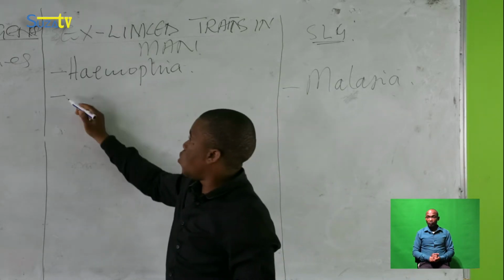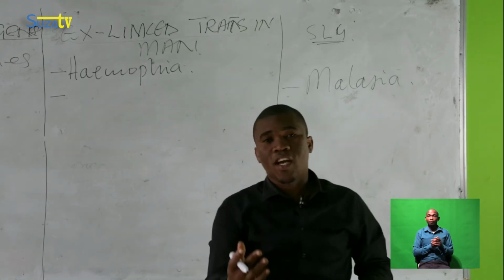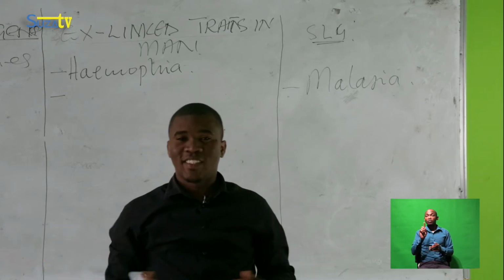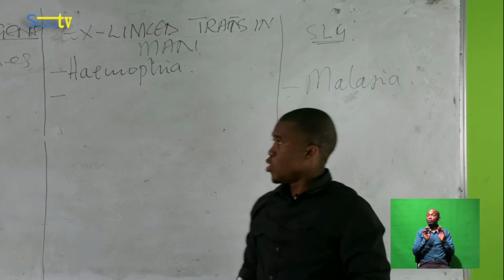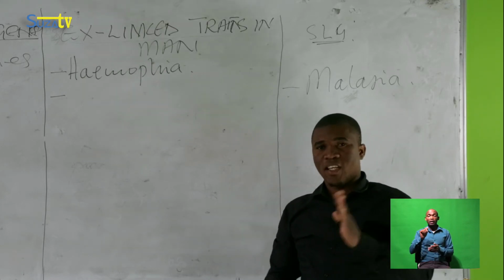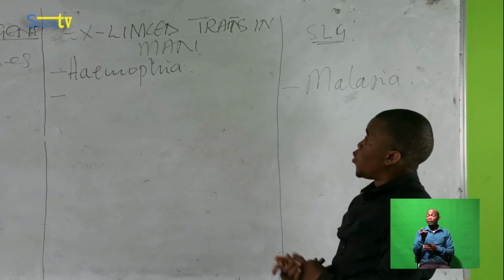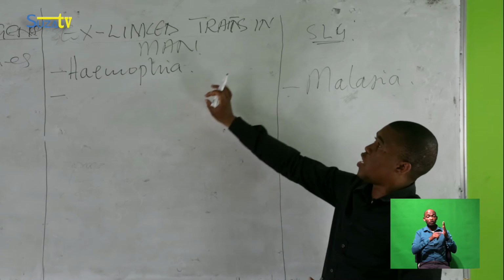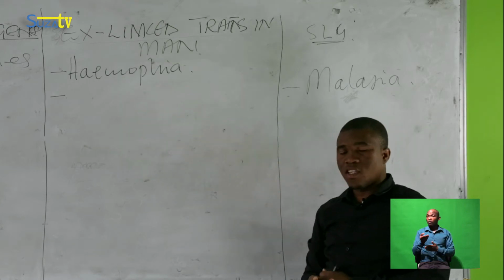And the second one, Zuena, can you try, please? Yes, don't feel shy. Okay, good. Zuena tried her best. Clap one for Zuena. She tried her best to mention an example of sex-linked traits in man.